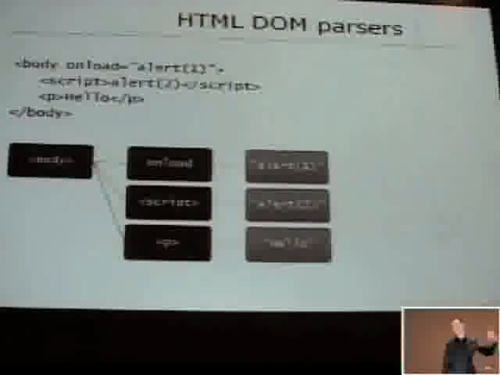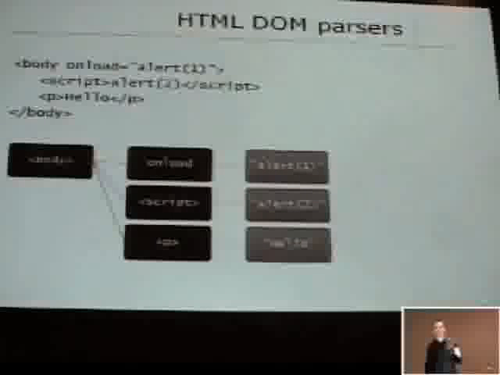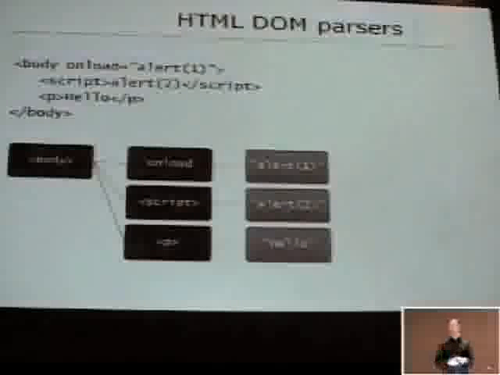Here's a better way to do cross-site scripting filters, and most of the good sites use this approach. You take the HTML and you actually parse it, and you build an in-memory representation of the HTML tree.